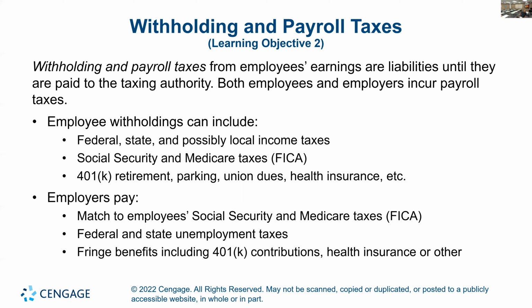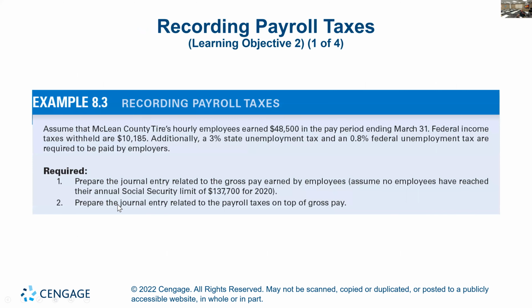Federal and state, they all have their unemployment taxes. The federal, it's called FUTA, F-U-T-A, federal unemployment tax, and SUTA, state unemployment tax. And then sometimes even employers will match some of the 401k or pay some of the health insurance. Okay, these are payroll taxes. They create an expense for the company, a separate expense in addition to the wage and salary expense. So let's kind of see how this works out.